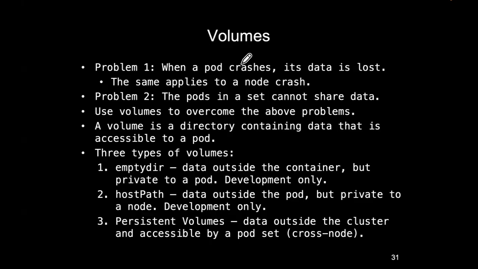Okay, Kubernetes will recreate the pod for us, but it essentially creates a fresh copy of the pod, if you like. So we've lost any data that it might have created during its execution. The same actually applies if a node crashes, if there was any data created by any pods, I guess, then all of that data is lost when a node crashes as well.